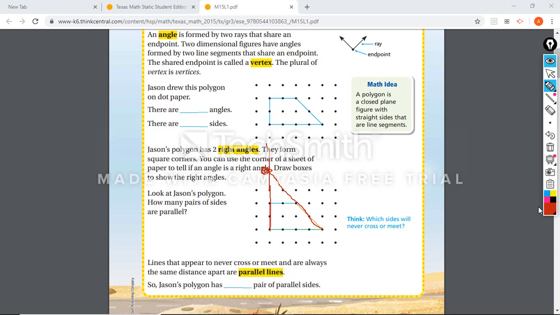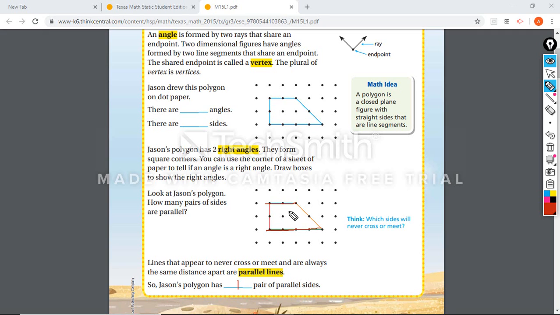In order for lines to be parallel, they have to appear to never cross. These two will never cross, and they will stay the same distance from each other. So Jason's polygon has one pair of parallel lines, which is this one, one pair. And remember, a pair means two. A pair means having two. Like you have a pair of shoes, you have two shoes.